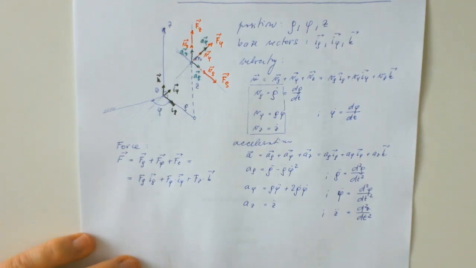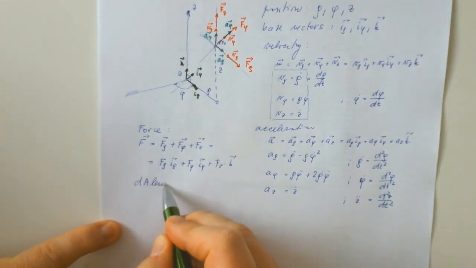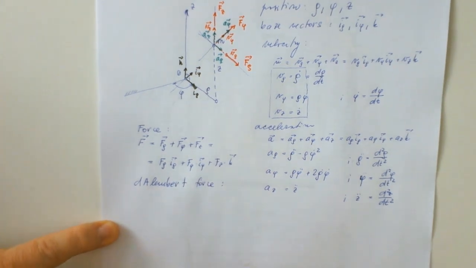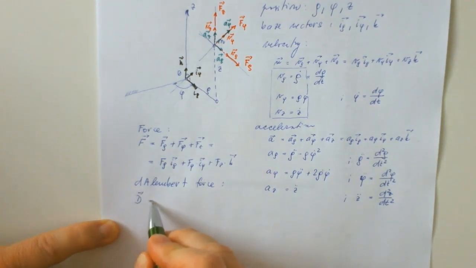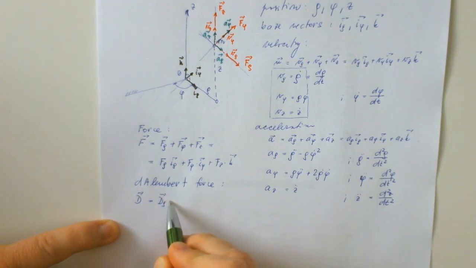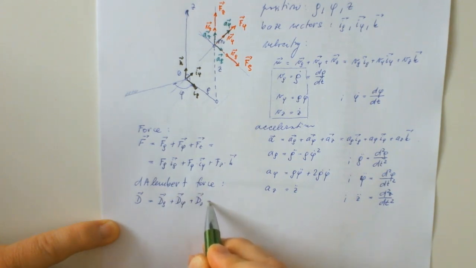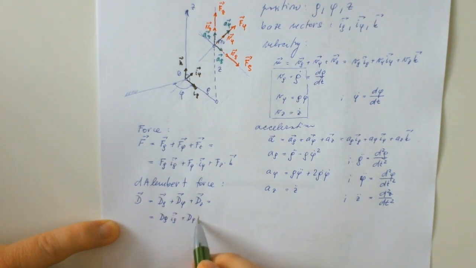What about the inertia force, the so-called D'Alembert force? Similarly, we can define the D'Alembert force by its components. So it is given by d rho, d phi, and dz, which can be rewritten into this form: d rho I rho plus d phi I phi plus dz k.